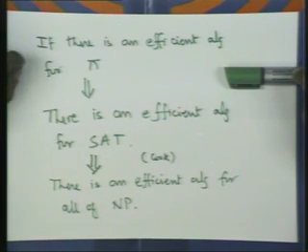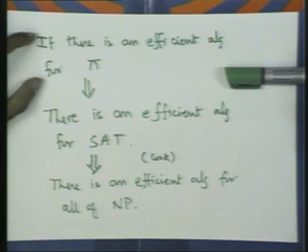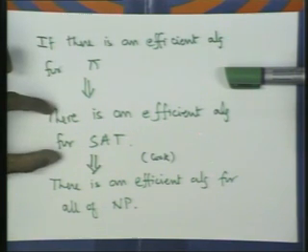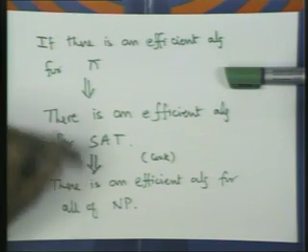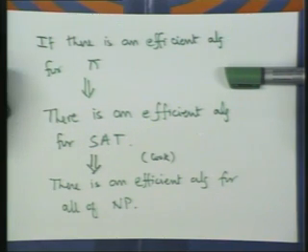So to prove that pi is among the hardest problems in NP, all I need to do is prove that if there is an efficient algorithm for pi, there is an efficient algorithm for SAT. Once I do this, using this implication, I am down to proving that there is an efficient algorithm for all of NP.